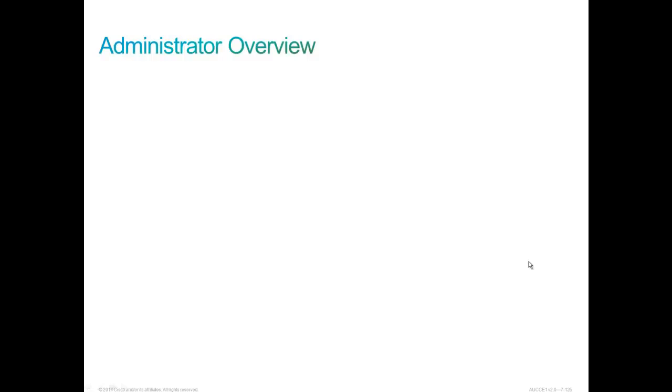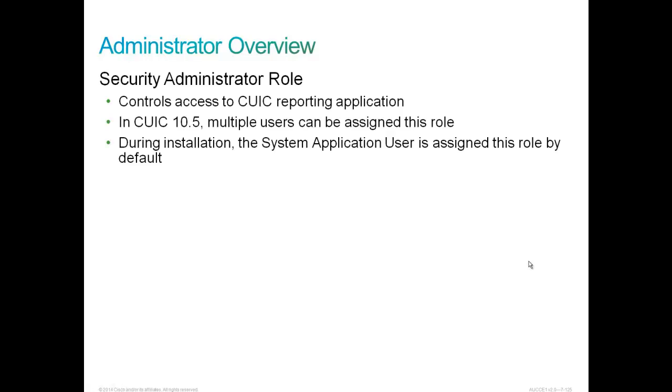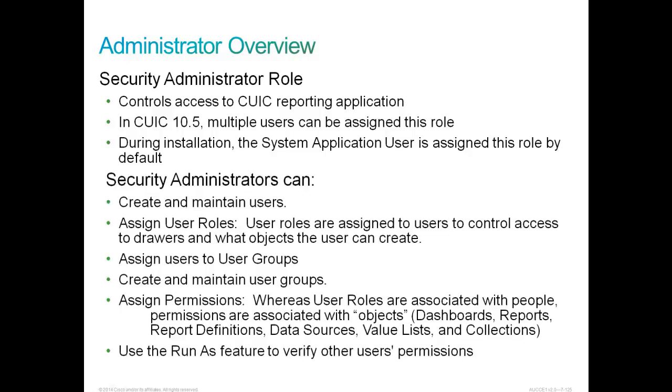Access to the functions in the Unified Intelligence Center reporting application is controlled by one or more users who have the user role of security administrator. The initial default security administrator is the user defined as the system application user during the installation.